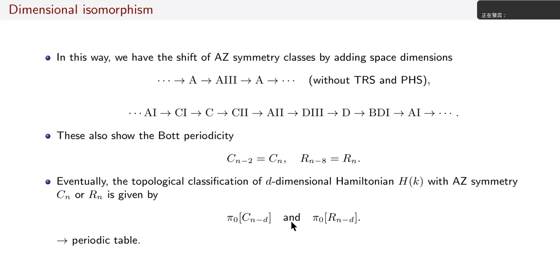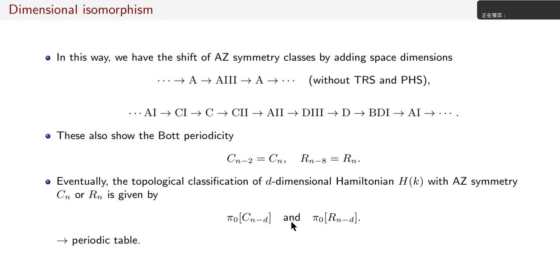So eventually I get this shift of symmetry classes. Without chiral symmetry and particle-hole symmetry, this shift has a twofold periodicity. And with time-reversal or particle-hole symmetry, this shift is found to have an eightfold periodicity.